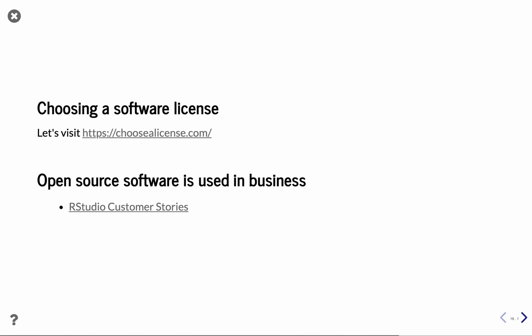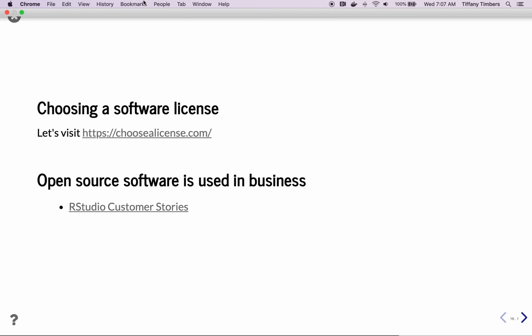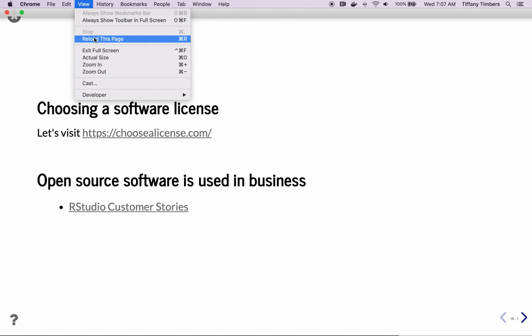Okay, so at this point, I want us to take a look at choosealicense.com, to get a little bit more familiarity with the different software licenses that exist and when we might want to use some in different situations. So I'm just going to exit full screen at this point.